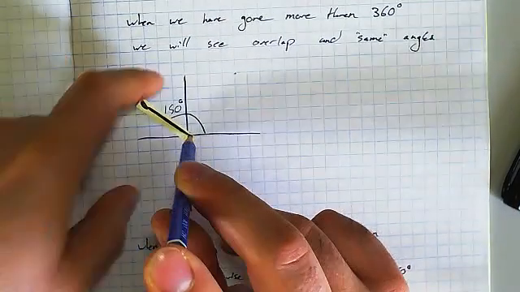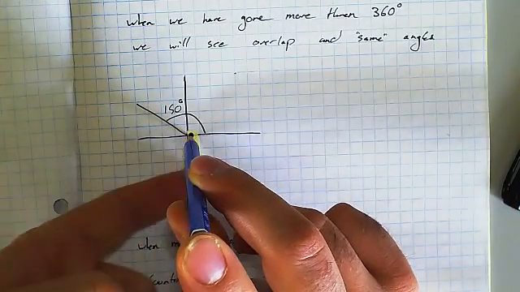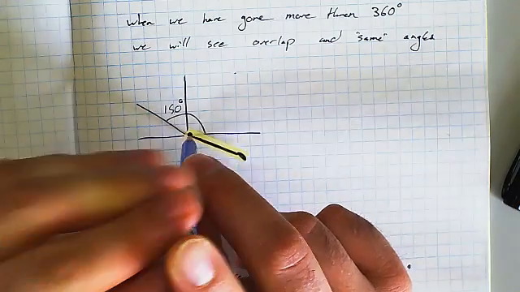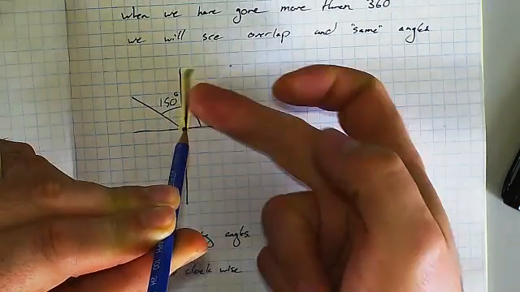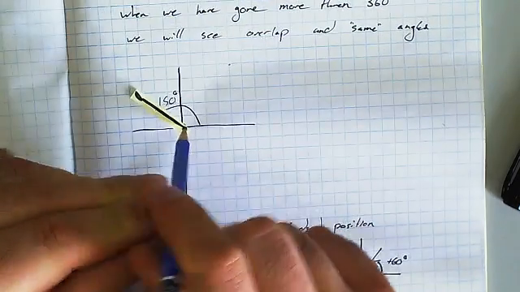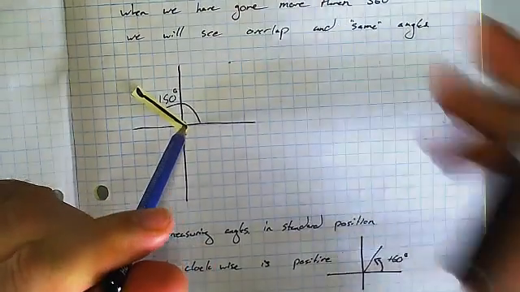If I go all the way around, I've gone 360. If I then go another 150, I'll be in the exact same place as 150 degrees.